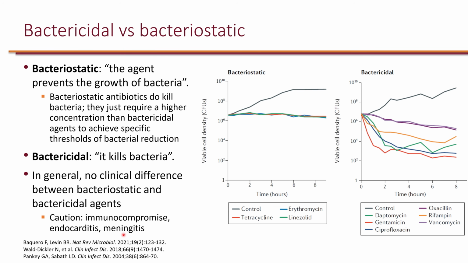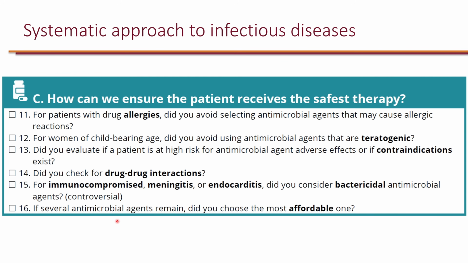Some of these are based on case reports that have shown there may be benefits to bactericidal. So it's a bit controversial. In general, it doesn't matter if it's bactericidal or bacteriostatic unless you're dealing with immunocompromised meningitis or endocarditis.